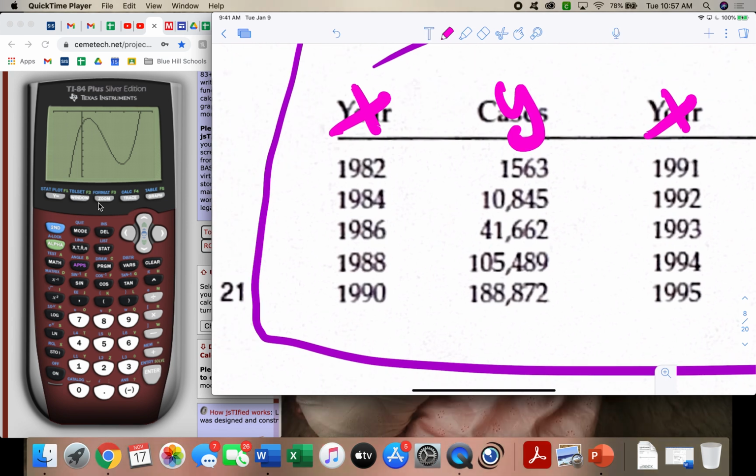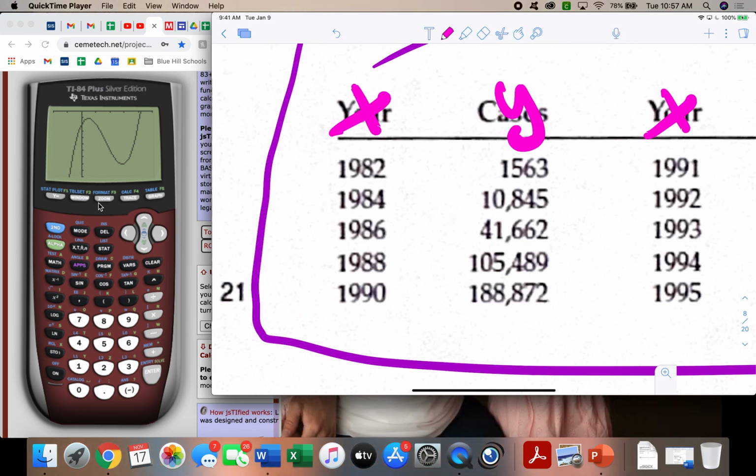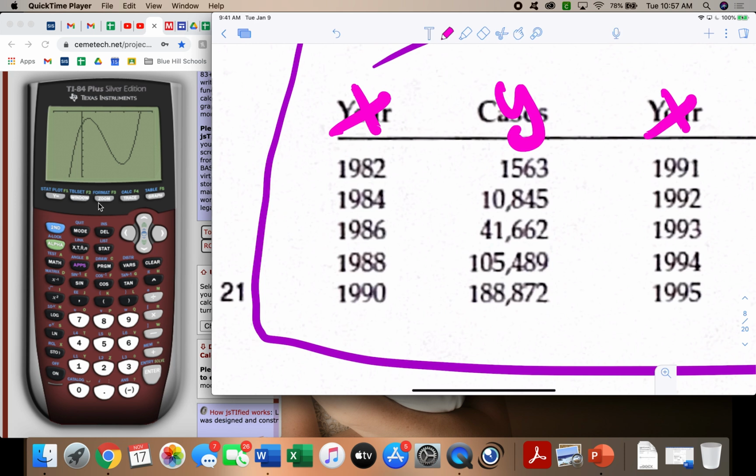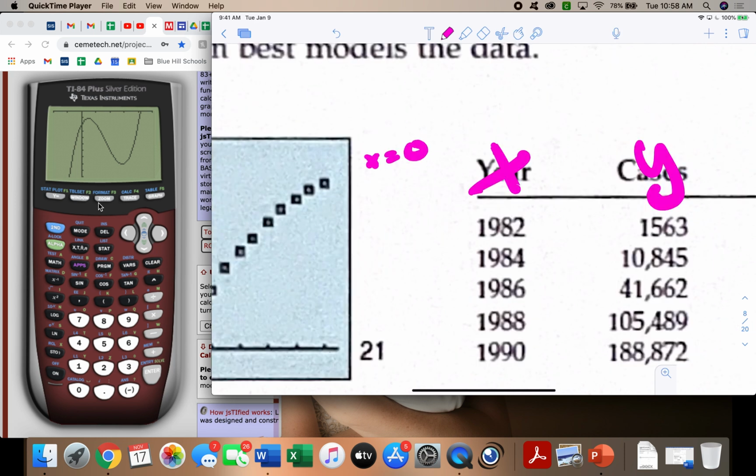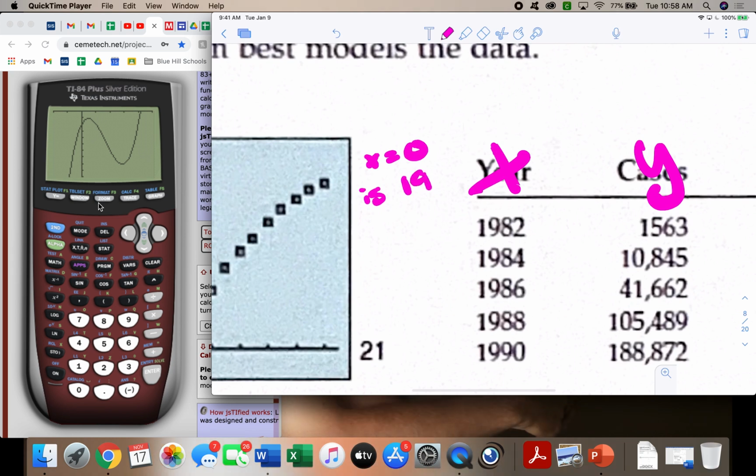We could call it year 0, but it's kind of nice to have year 0 be a 0 year, right? So off to the side over here I'm going to say x equals 0 is 1980.